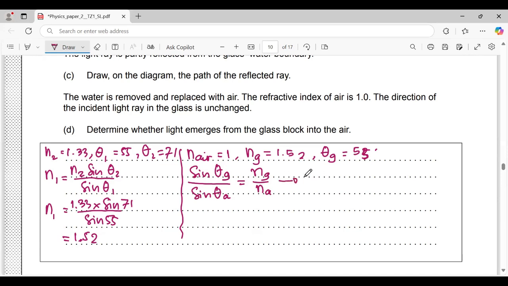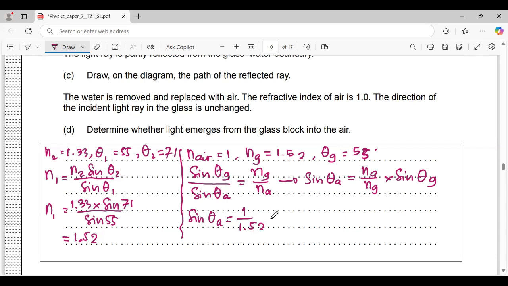With sine theta air as the subject, we can arrange this formula to become n glass over n air times sine theta glass, so sine theta air equals n glass over n air times sine theta glass.